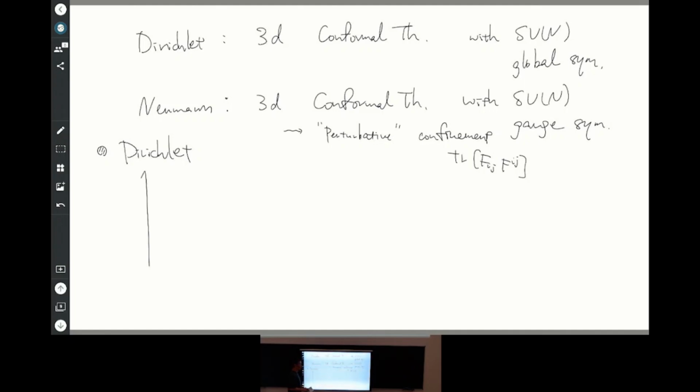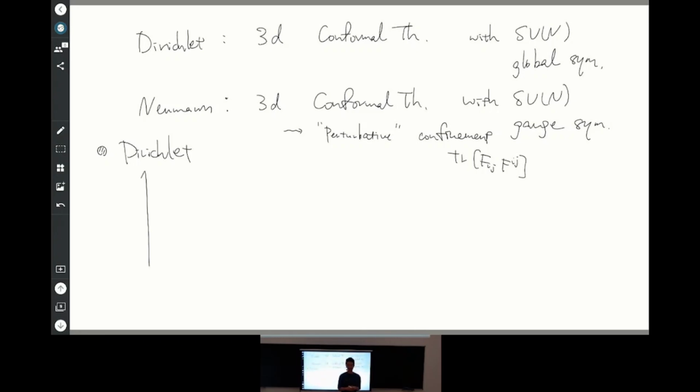Oh, that's a good point. Perturbative confinement is a little bit confusing because normally we cannot talk about confinement using perturbation theory. But here AdS is in some sense better because, as you already said, confinement and deconfinement or Higgs phases are distinguished by the area law or perimeter law of the Wilson loop.